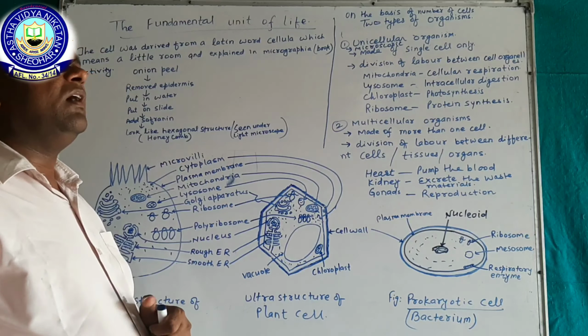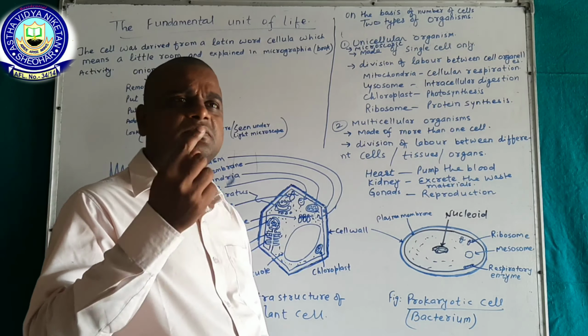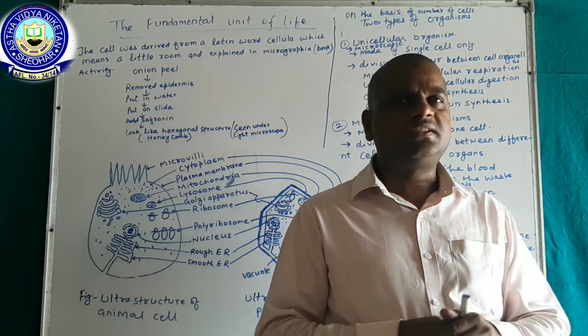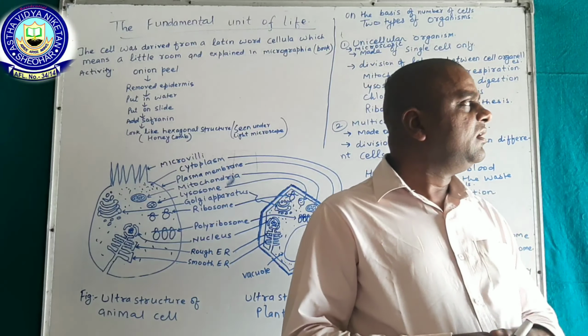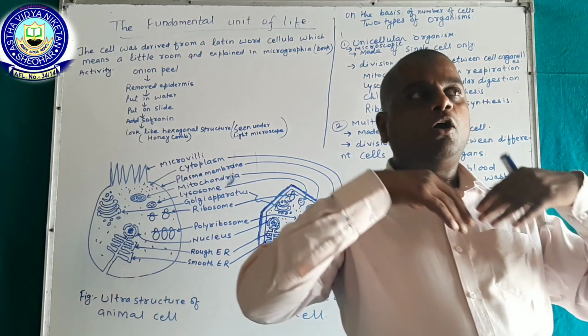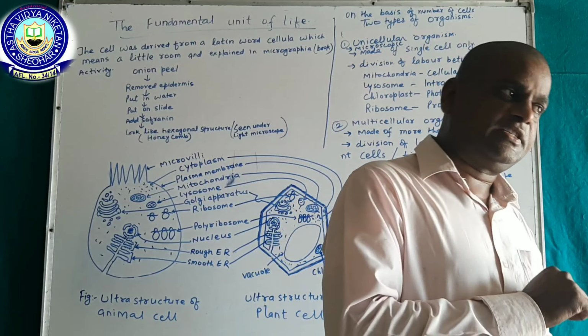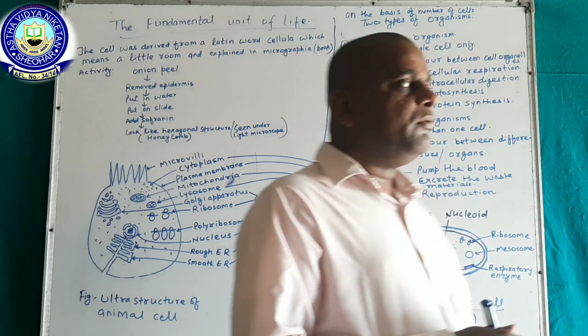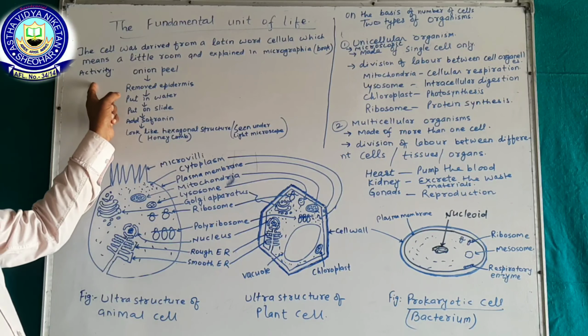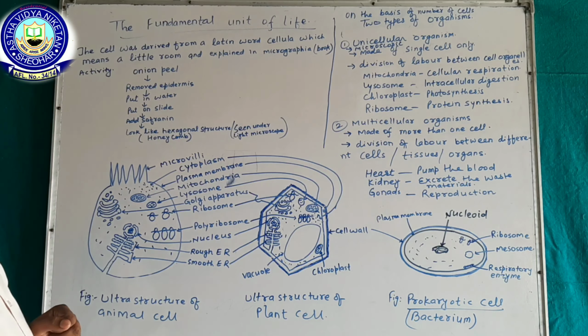Now I want to take a simple example. We see around us buildings, plants, animals, all are made up of cells. So we take the example of the onion.